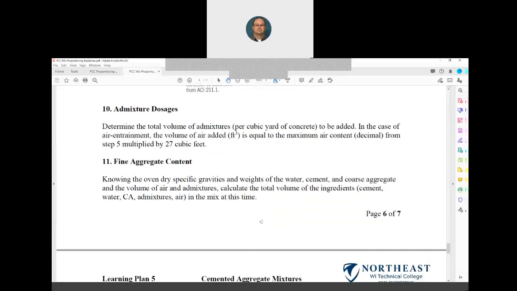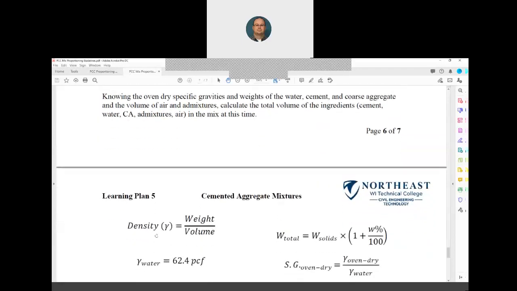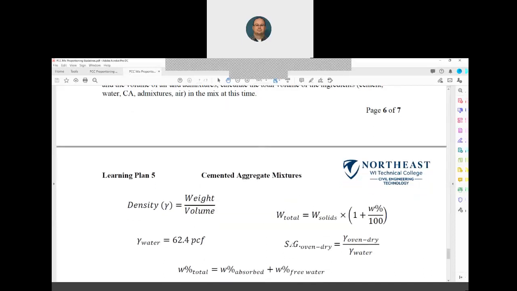So how do we do that? We know density, gamma, is weight divided by volume. We know the unit weight of water is 62.4 pounds per cubic foot. Remember this formula? Total weight equals weight of solids times 1 plus the water content. Now remember, if we have absorption rates, we can turn this into our absorption water content. Specific gravity oven dry, or G oven dry, is the oven dry unit weight divided by the unit weight of water.